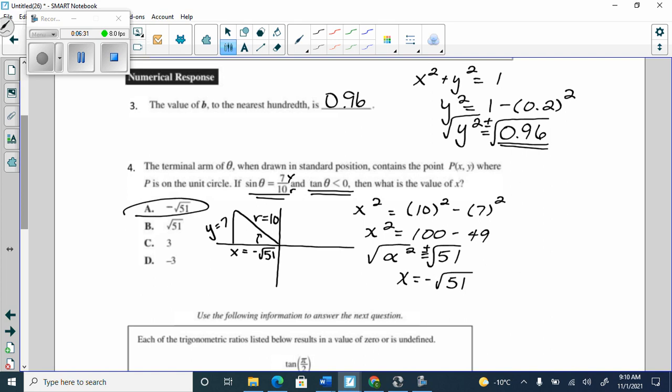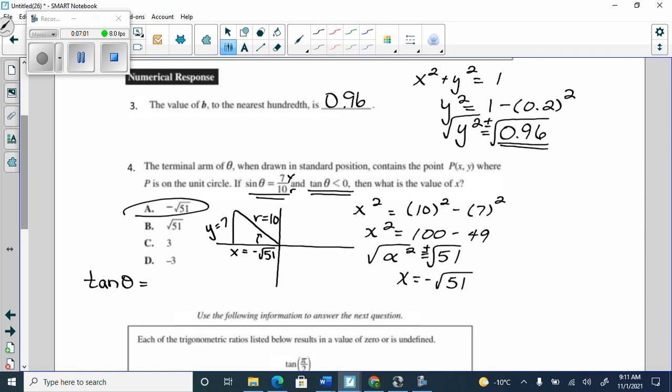Okay, what else could I have asked on this question? I want you to give me tan theta. Do it. Give me the trig ratio for tan theta. Tan is y over x. Why would I pick this one? You have to rationalize the denominator because I'm kind of like that.